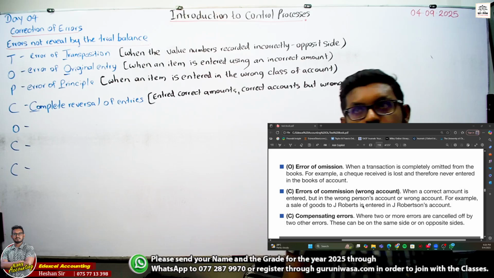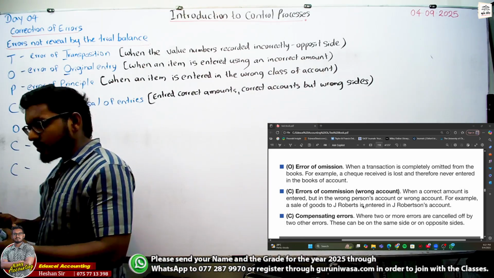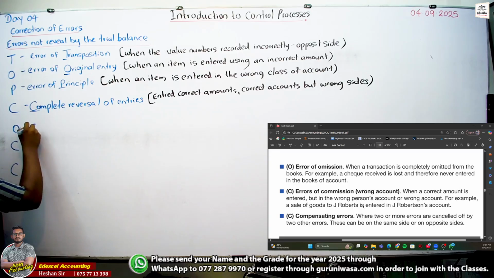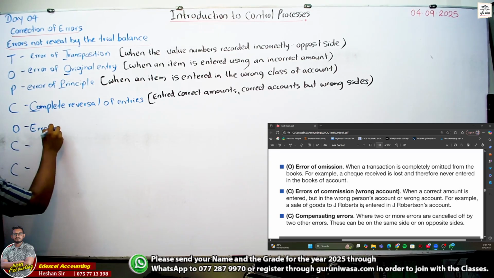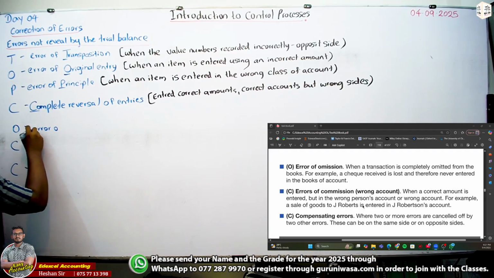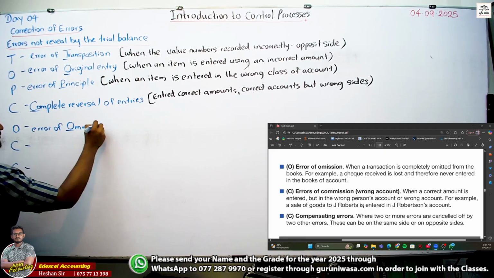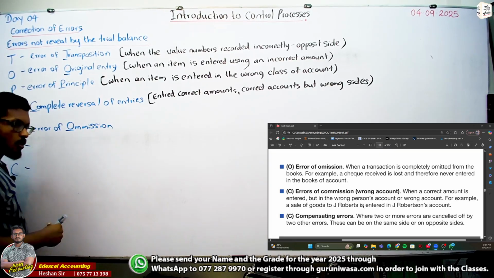Errors of omission. A transaction completely omitted from the books, we call errors of omission. Completely omitted, not recorded.